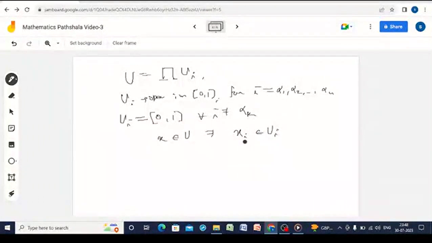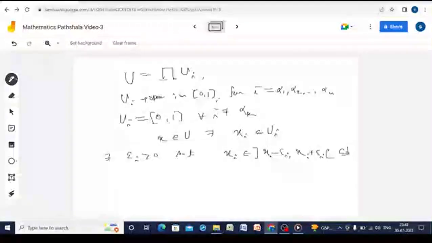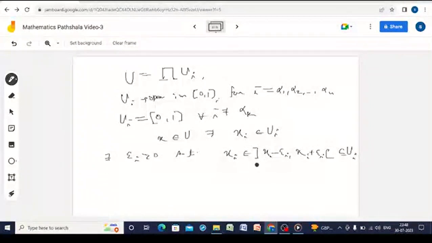Since this Ui is open, each xi is an interior point, so for each i equal to alpha 1, alpha 2, ..., alpha n, there exists some epsilon i greater than 0 such that xi belongs to (xi minus epsilon i, xi plus epsilon i), which is a subset of Ui, because this Ui is open in the usual topology in the closed interval [0,1] as a subspace topology of R.